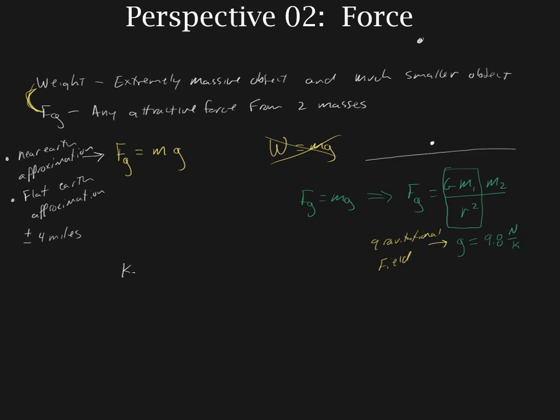In kinematics, we get g is equal to 9.8 meters per second squared, and that's going to be downward. And then in forces, we write g is equal to 9.8 newtons per kilogram, and they're both going to be downwards. Okay, so the direction is always going to be the same.